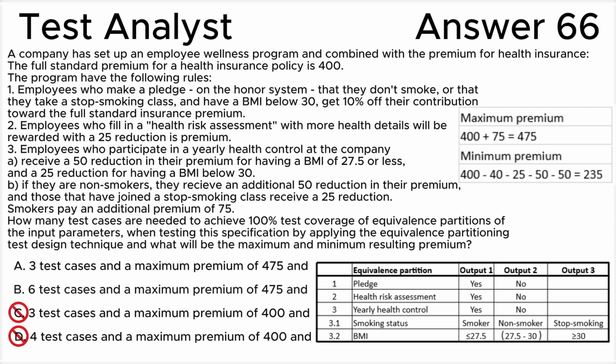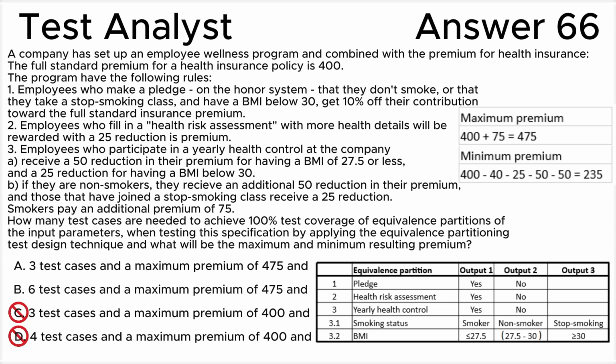3.2. BMI: equal or less than 27.5; 27.5 to 30 not inclusive; more or equal 30. Pay attention. We have only 3 equivalence partitions for input parameters, according to requirements.